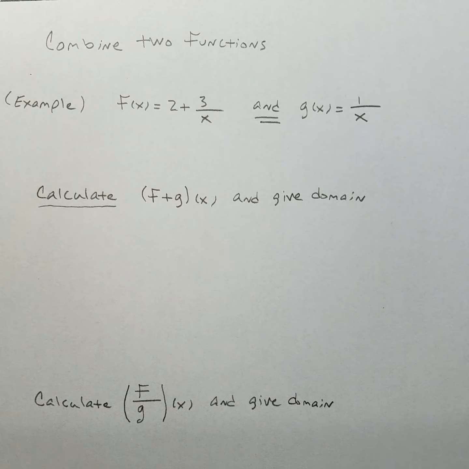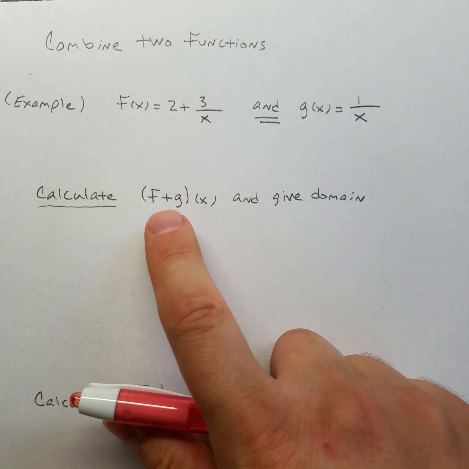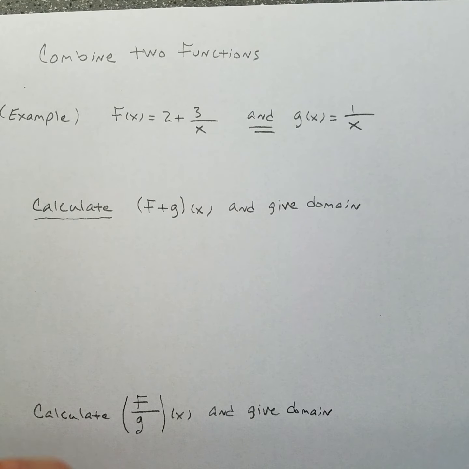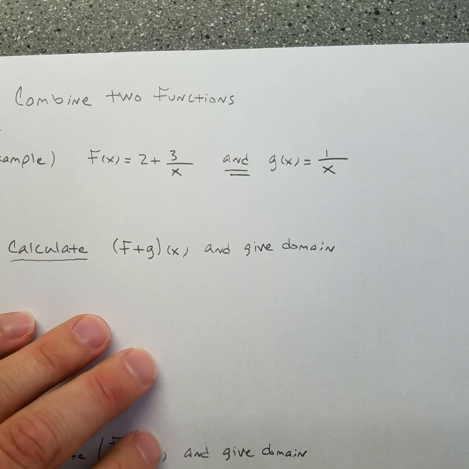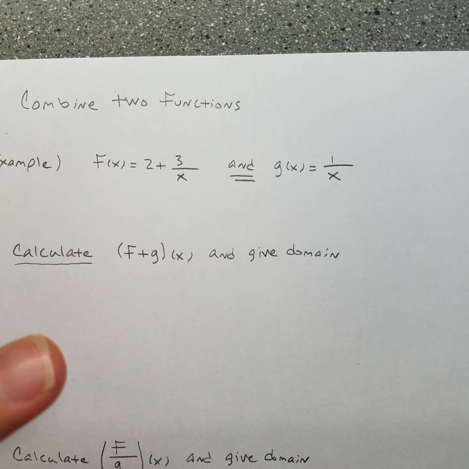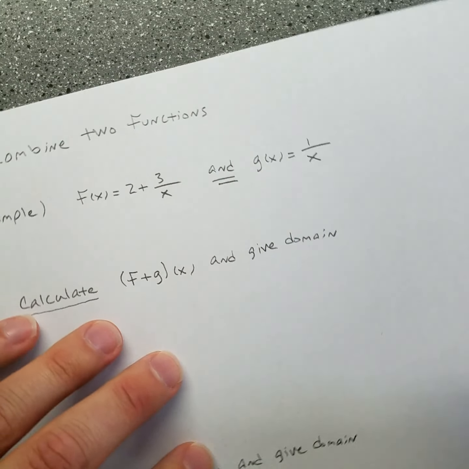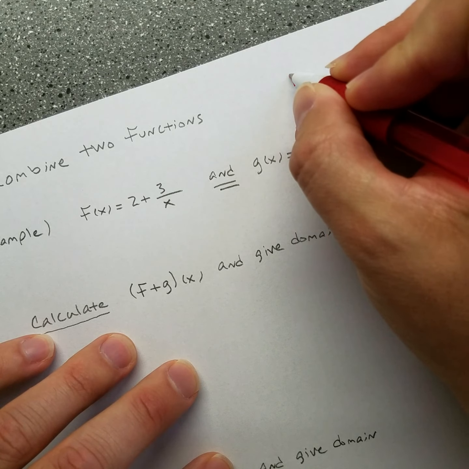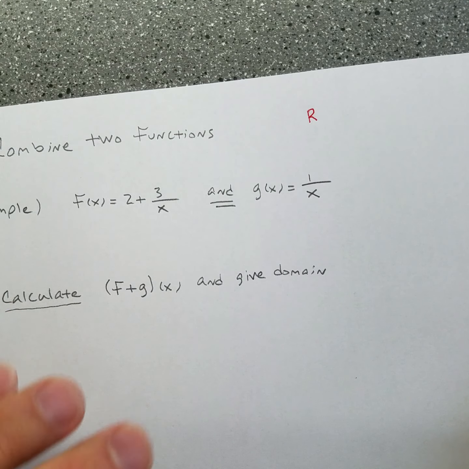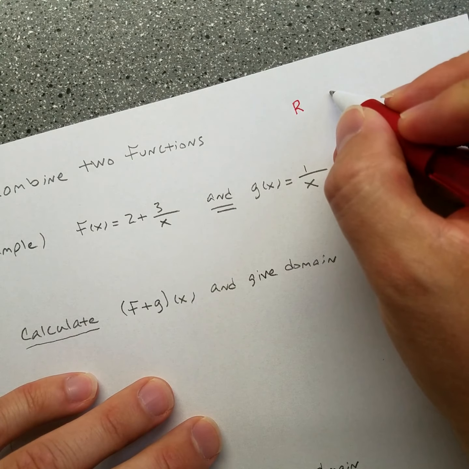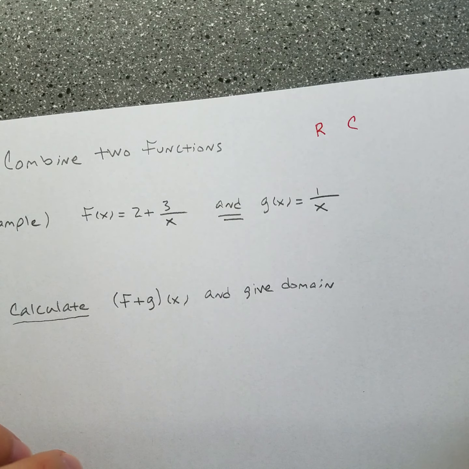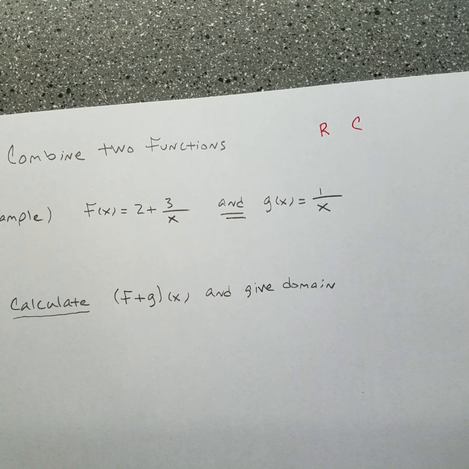But I can give you a little motivation to believe that we might add or divide functions. One very easy, relatable example is a profit function, okay? If you have a business, you might have a function that can calculate the revenue, which is the money that comes in. And you might have another function that calculates the cost, because you've got to spend money to make money, so there will be costs involved in doing business.